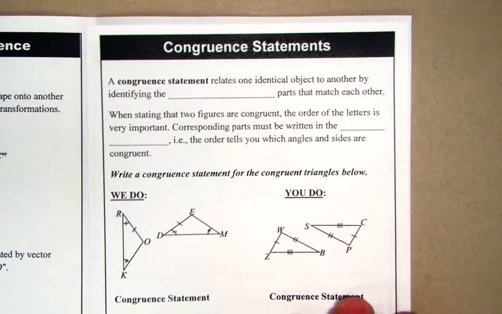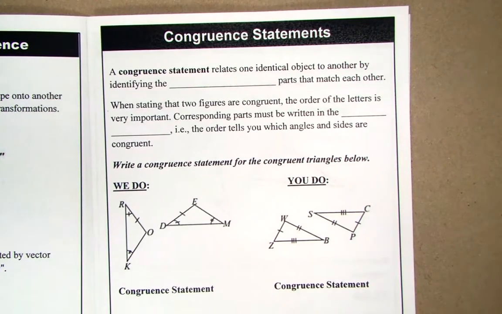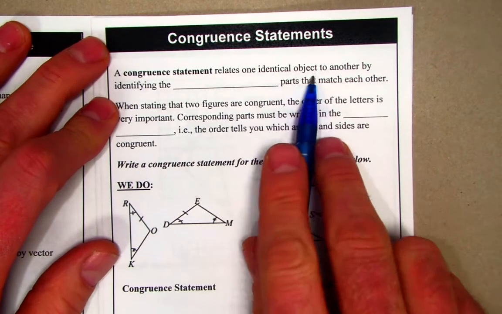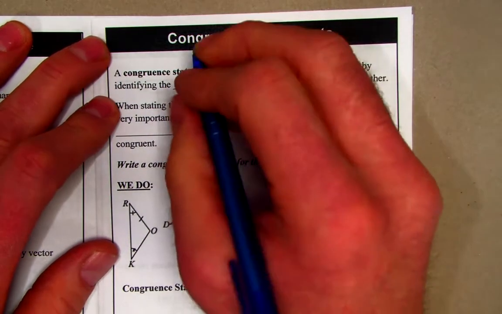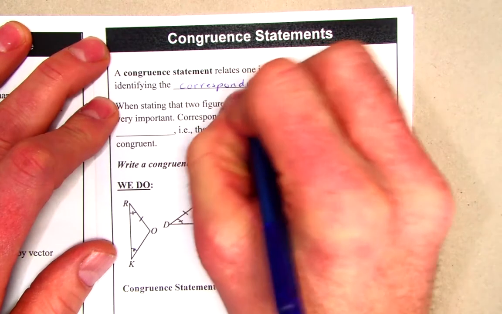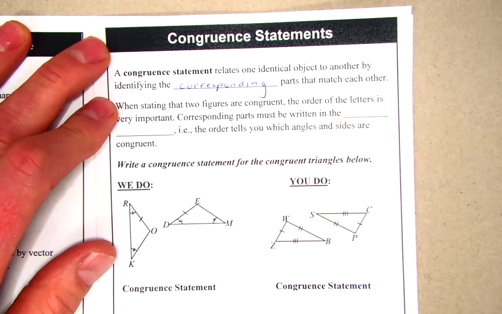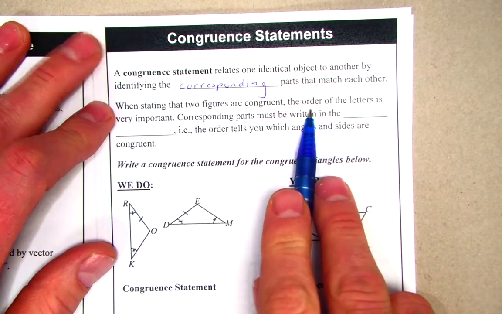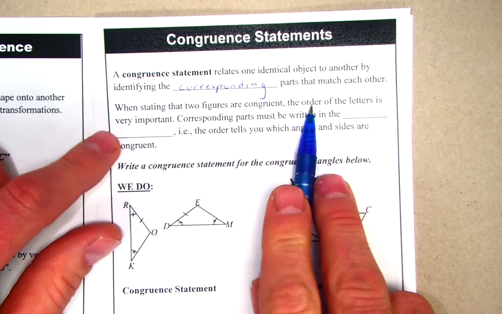All right, so then if two shapes are congruent, you need to be able to write a statement that says they are congruent, and that's just called a congruent statement. It relates one identical object to another by identifying the corresponding parts. Okay, so when you state that two figures are congruent, the order that you write the letters is important.